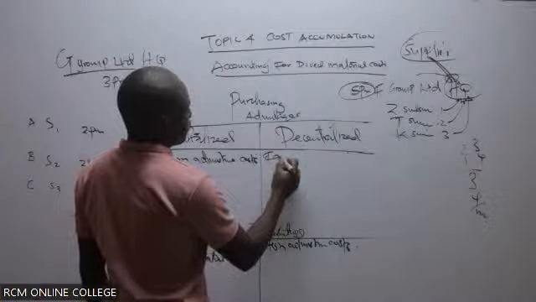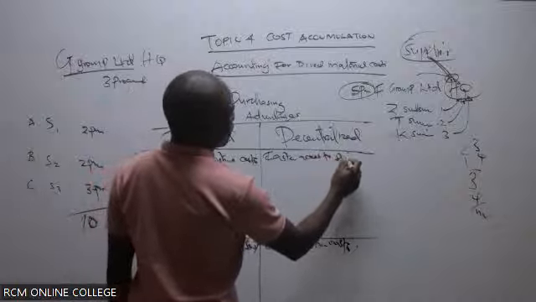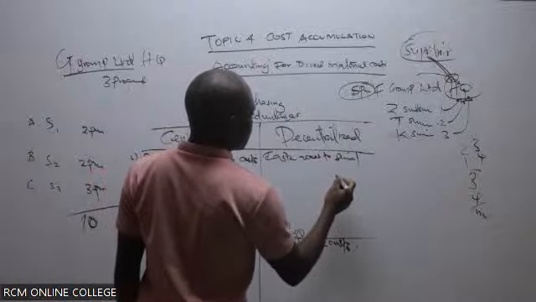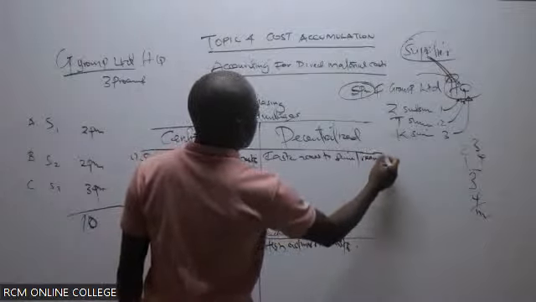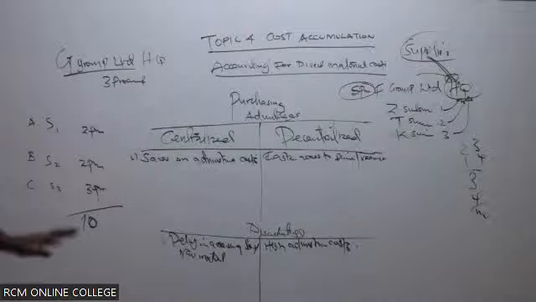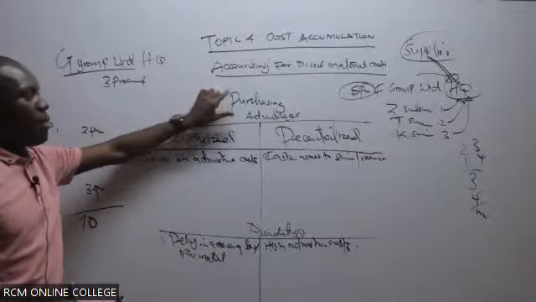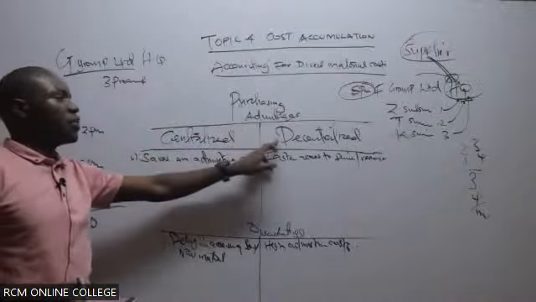Faster access to services stroke resources that are used in doing the operations within the company. That is what you need to understand about centralized purchasing and decentralized purchasing.